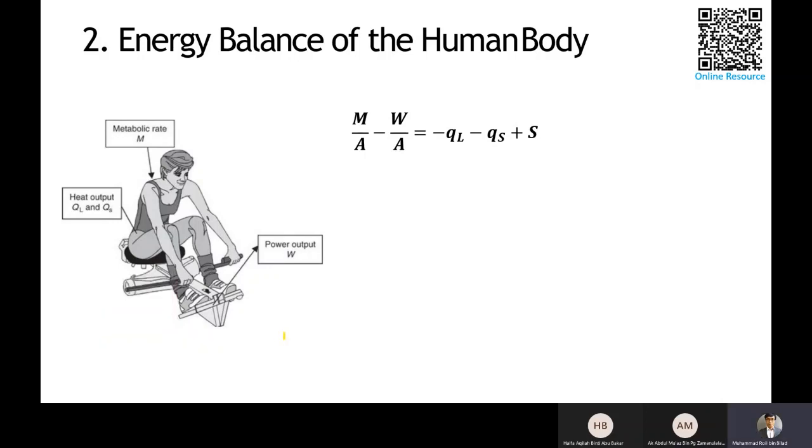So first, I will recap that when we do the activities, we generate energy through metabolic reaction. That's M. And when we do physical activities, we use it as work. Apart from these two, we also lose some of the energy from heat output, which is QL and QS later on.